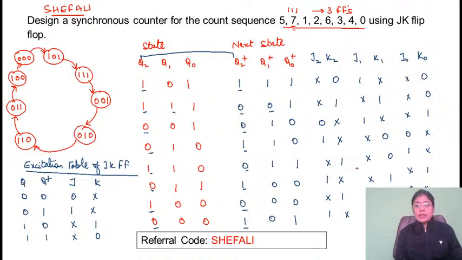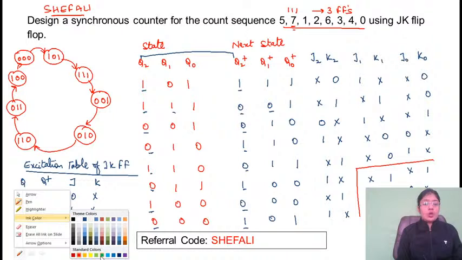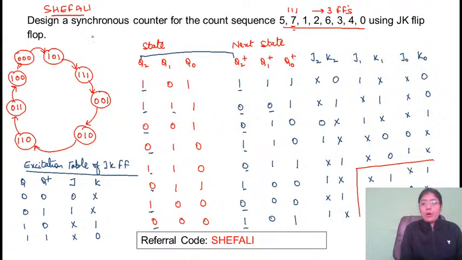I hope till this point it's clear, right? So whatever portion I have written here, I'm writing on the top of the slide. So for J1, K1, J0 and K0, I'm writing it for the last 3 rows. It is cross don't care 1, 0 don't care, 0 don't care, 0 don't care, 1 don't care.